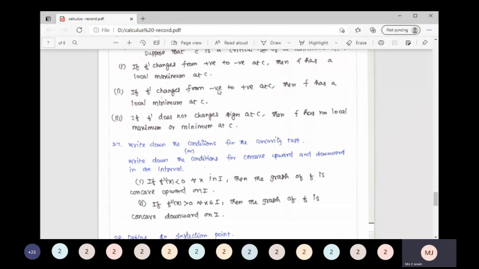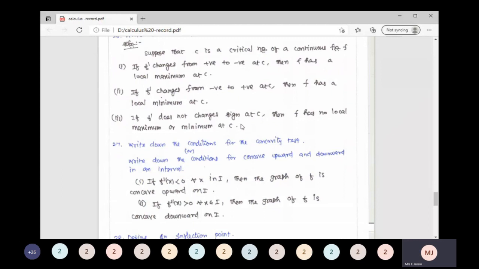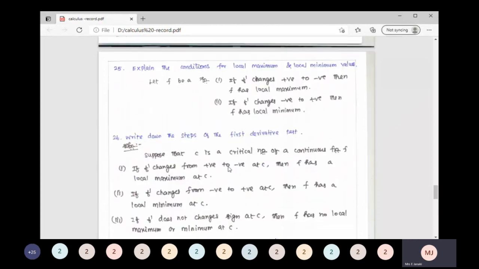And if f' changes from negative to positive, then f has a local minimum at c. If f' does not change at c, then f has no local maximum or minimum at c. This is the condition for local maximum and minimum. This is called the first derivative test.